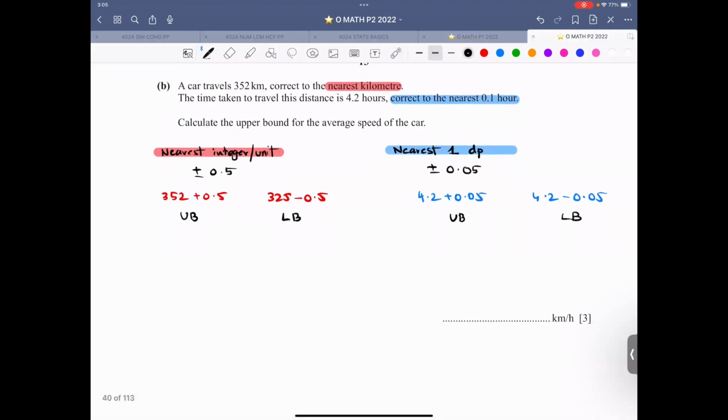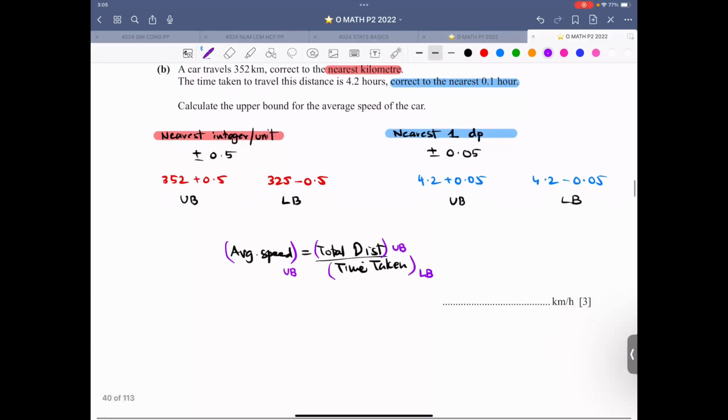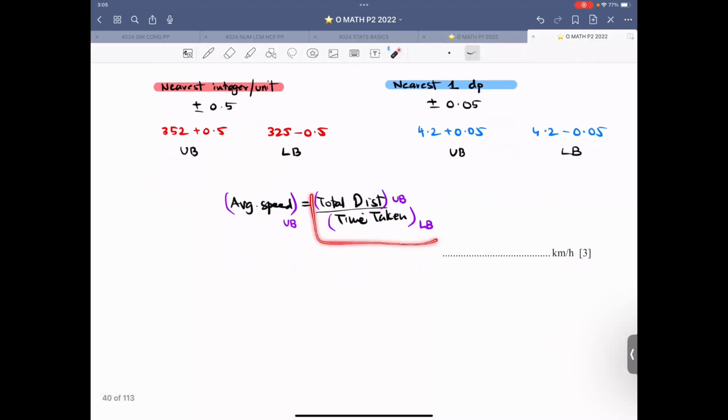Now it's asking for the upper bound for the average speed. Average speed is total distance divided by time taken. If I want the upper bound for the average speed, the distance should be the upper bound and the time taken should be the lower bound. Why? Because when we are dealing with a fraction, the numerator should be large and the denominator should be small in order for that fraction to be larger.